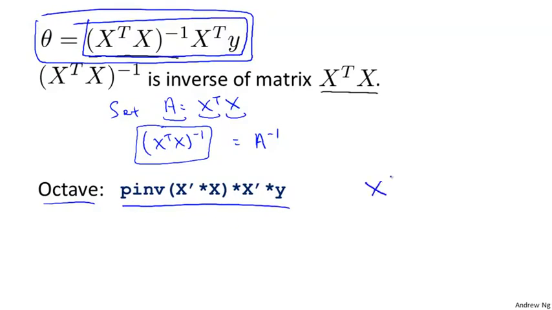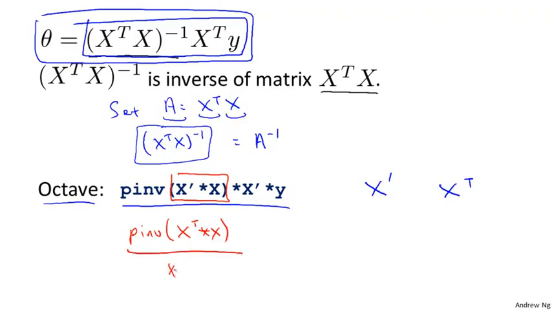In Octave, x prime is the notation that you use to denote x transpose, and so this expression that's boxed in red is computing x transpose times x. pinv is a function for computing the inverse of a matrix, so this computes x transpose x inverse, and then you multiply that by x transpose and you multiply that by y, so you end up computing that formula.